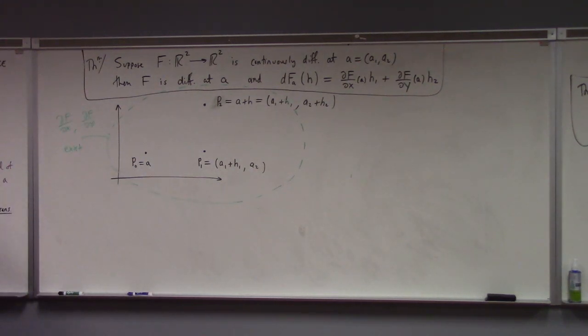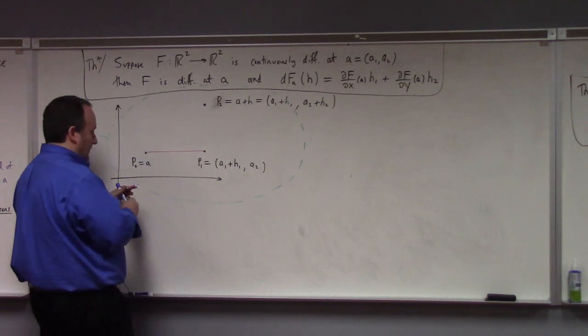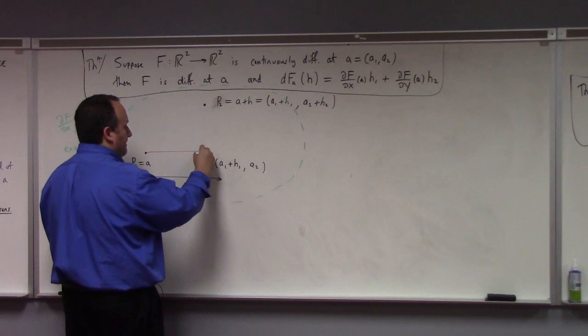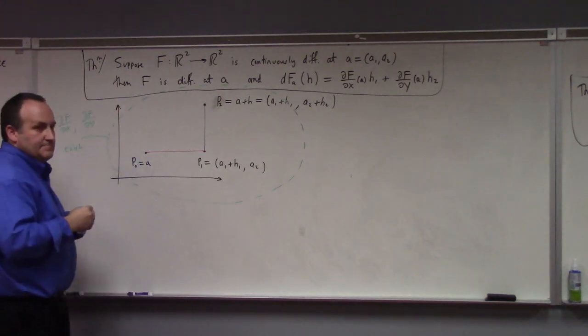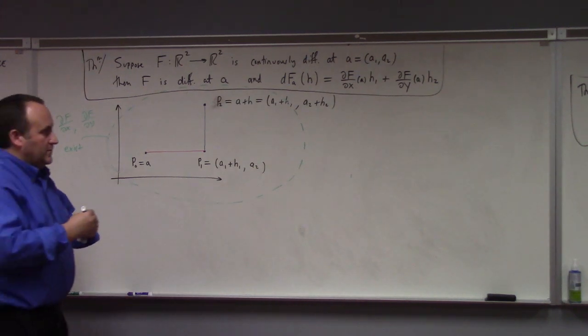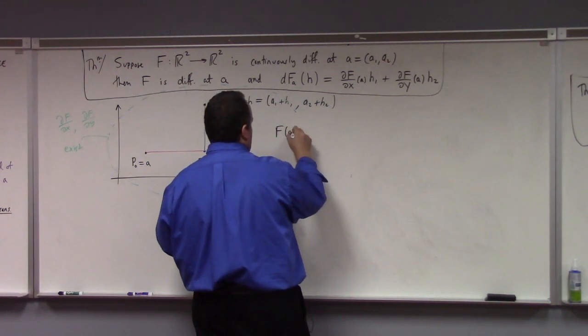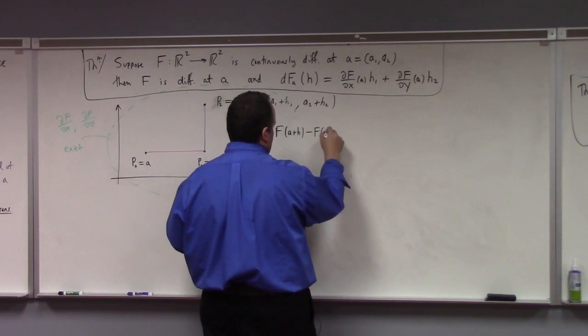So then we look at line segments, and just focus our attention on there. Our goal is to understand how f of a plus h and f of a, the difference between those, can be approximated by the partial derivatives. So towards that end, let's look at f of a plus h minus f of a.